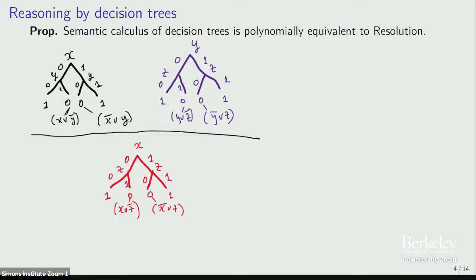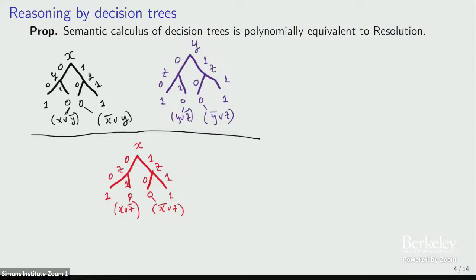Let's understand why. This is the one semantic step. It is easy to show that the CNF representation of the conclusion can be derived from the CNF representation of the premises in resolution. To see this, for every decision tree, how do we construct a CNF?